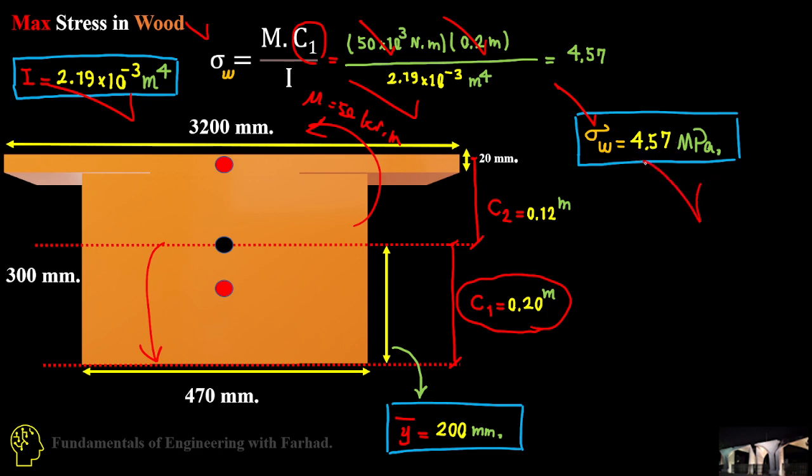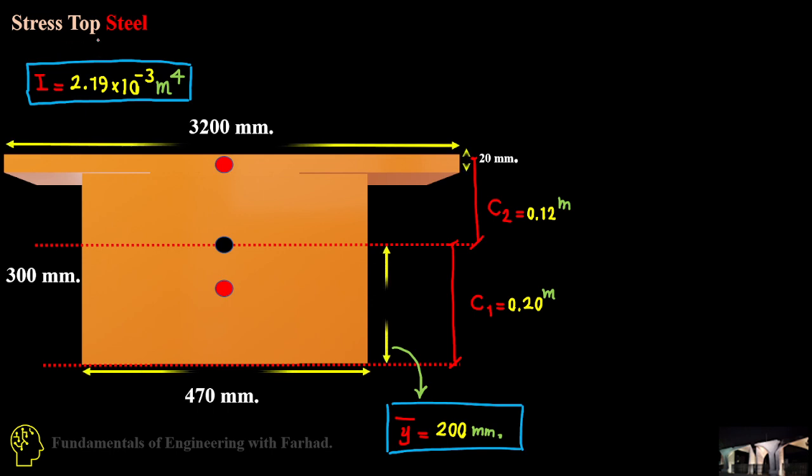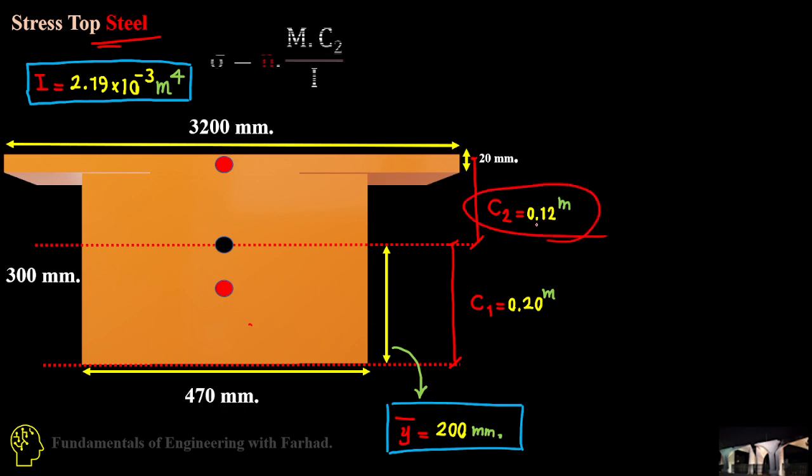The maximum stress in wood is 4.57 megapascal. For the stress in the top steel, remember we also have steel at the bottom, but we don't consider it right now. Our problem statement just talks about the steel at the top, so we go with this part and need to consider C2.